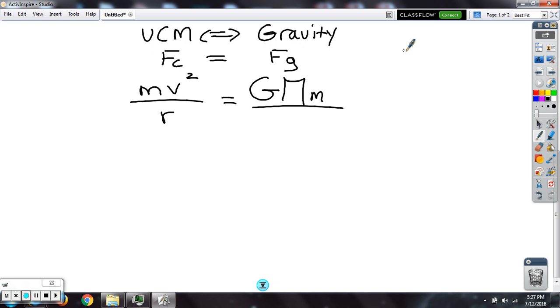Now, I could call distance d, but d equals r when, if we were to say the Sun and the Earth going around the Sun, which is really what Kepler was intending with his expression, the distance d that we're talking about here is from the center of the Earth to the center of the Sun.